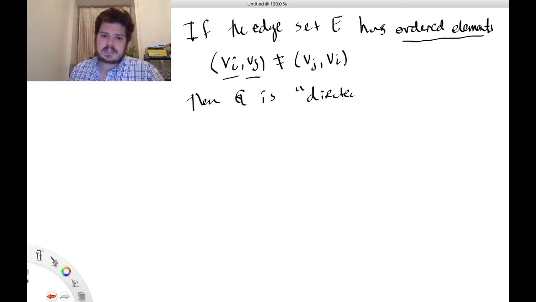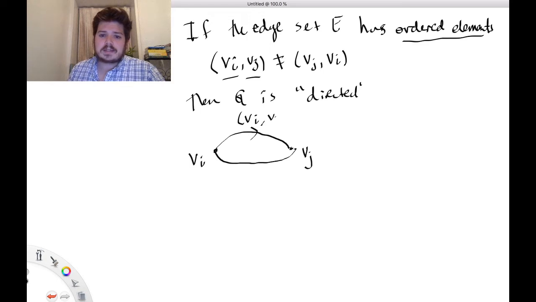So what this means, let's look at two different edges. So here's Vi and here's Vj. So Vi, Vj this way is different than Vj, Vi this way. So generally we'll draw arrows to determine direction.